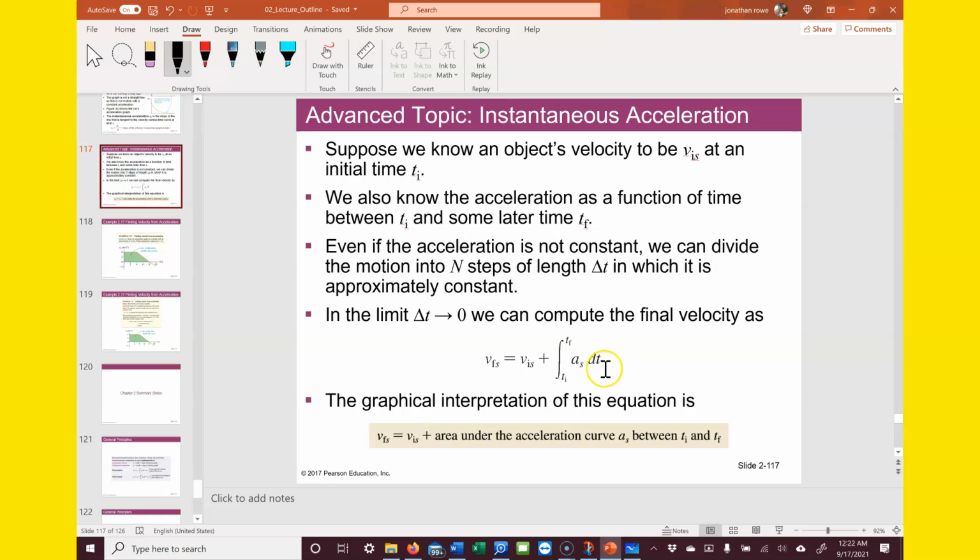So it's just saying that the integral of acceleration, which involves the antiderivative of acceleration, is going to be what gives you velocity. That's something we already knew anyway. Then the graphical interpretation of that is also that the area under the acceleration curve gives you velocity.